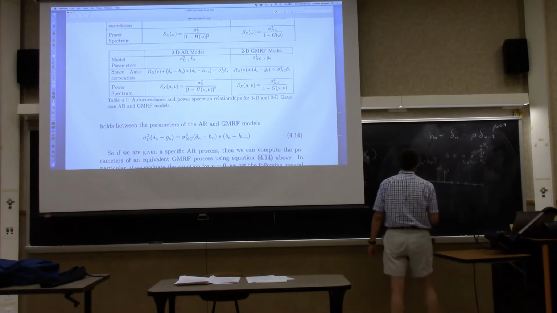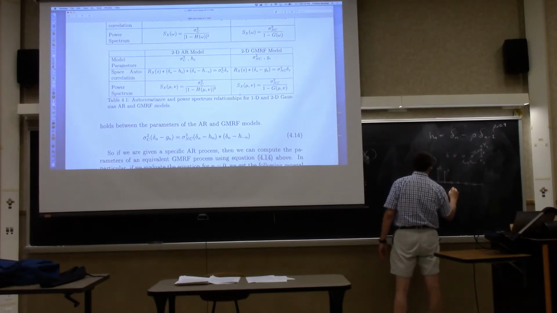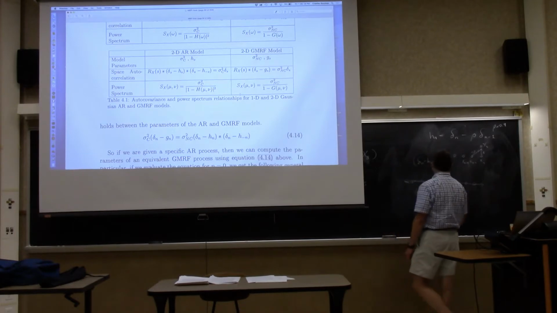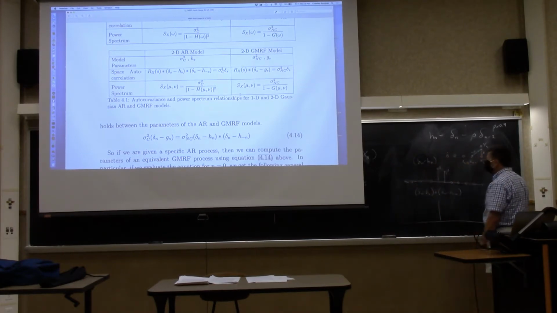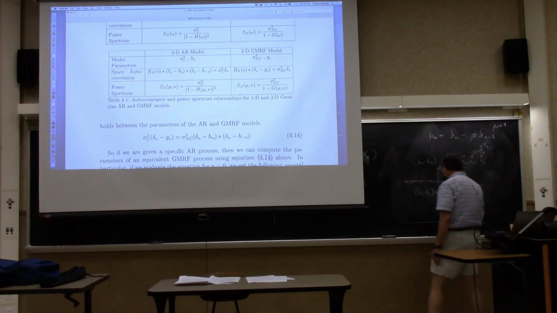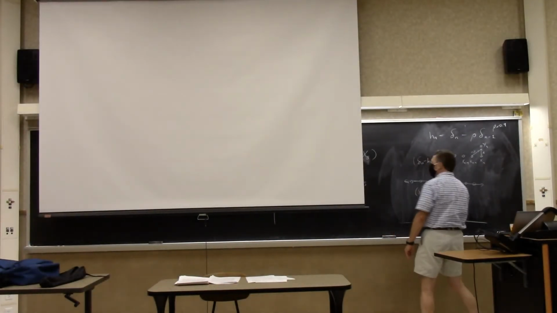Now, if I take the convolution of delta n minus h of n with delta n minus h of minus n, that's the correlation. What's that going to look like? What's it at 0? 1 plus rho squared. So at 0, it's 1 plus rho squared.